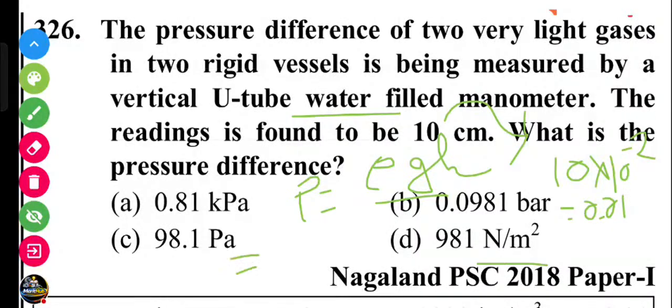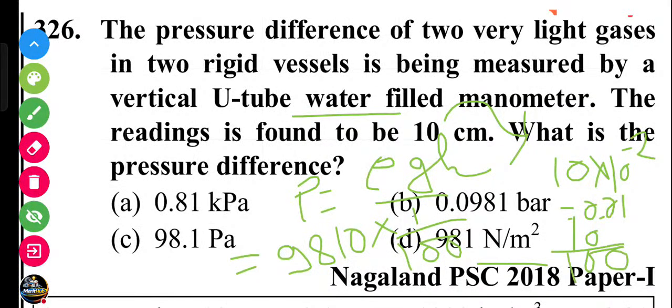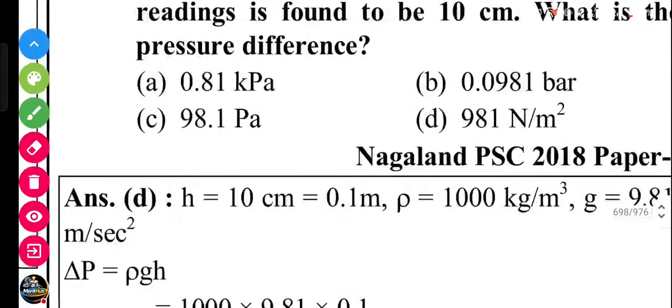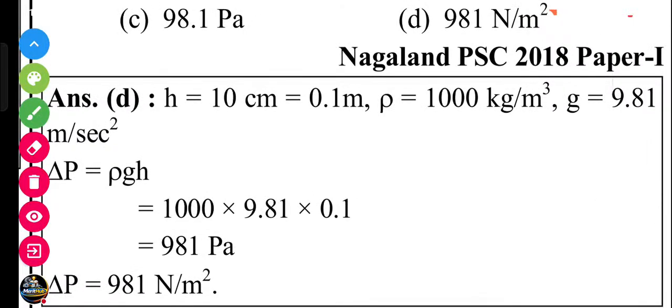So 9810 into 1 by 10, which is 981 Newton per meter square. I think option D is the answer. Let's check the answer. Yes, option D is the answer.